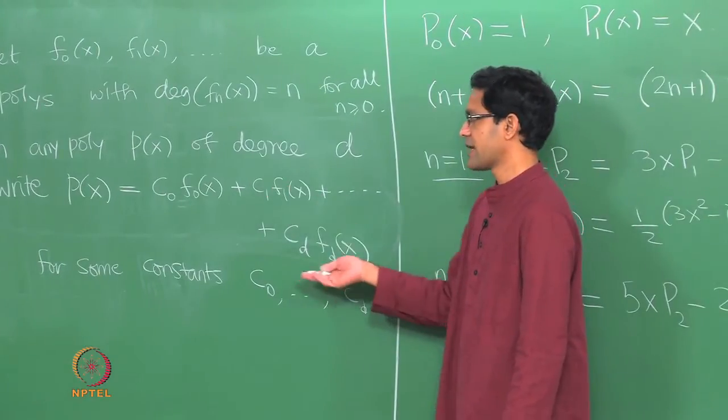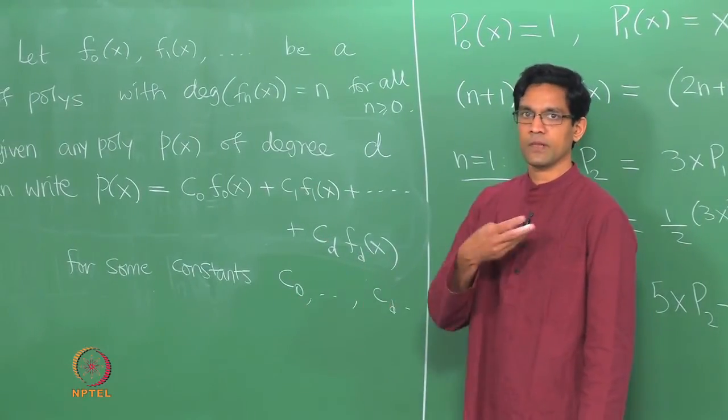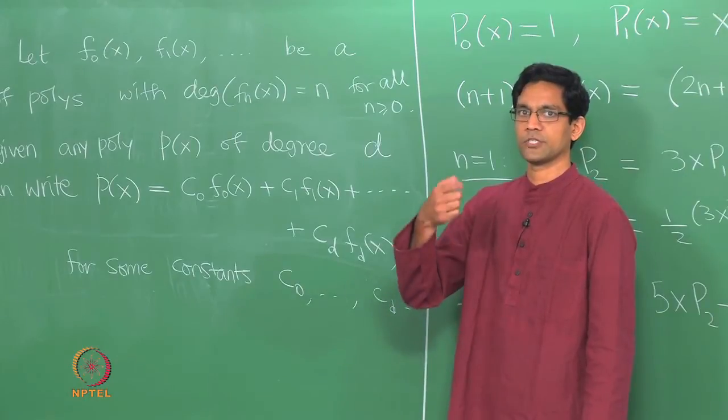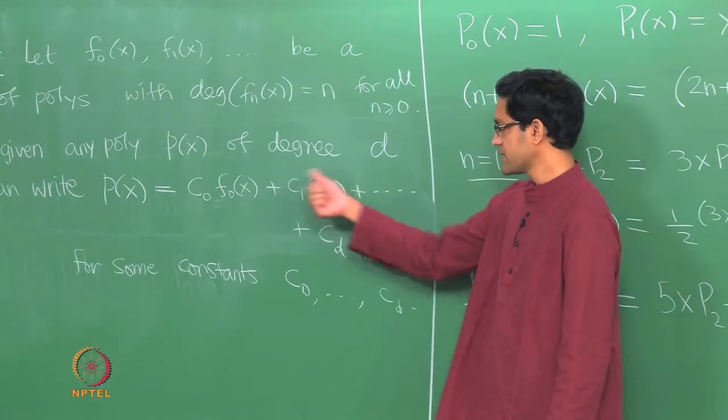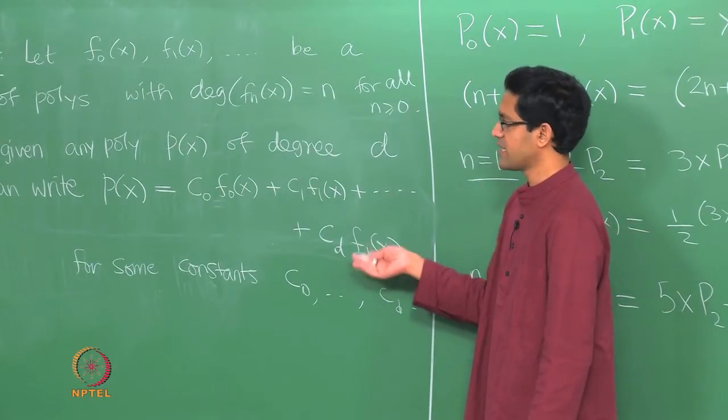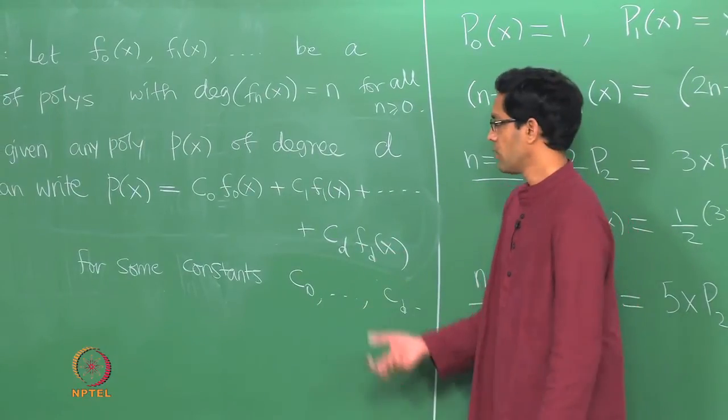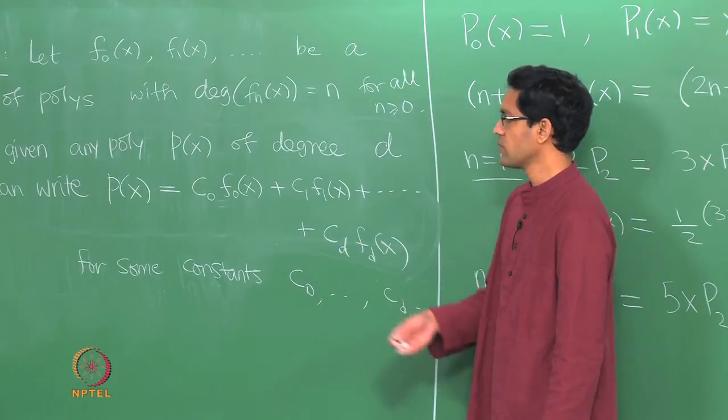Well, that is more or less the definition of a polynomial of degree d, right, that it is a certain expression which is of the form something times 1 plus something times x and so on. So when you apply this to just 1, x, x squared, it is more or less the definition of a polynomial of degree d. What is interesting is when you apply it to other series.